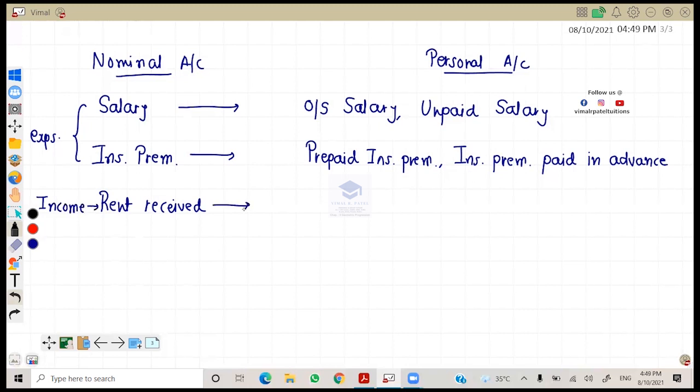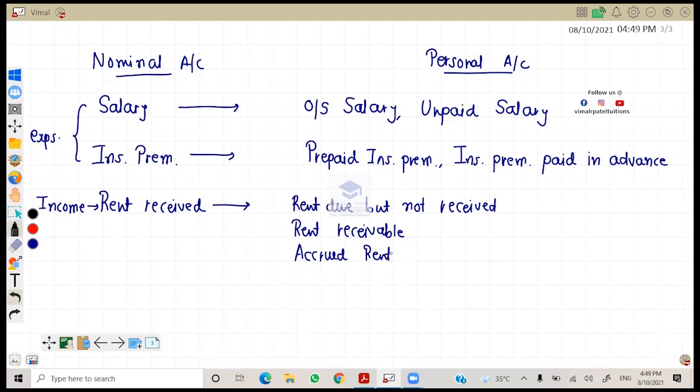But if it is rent due but not received, or receivable, accrued rent, or rent received in advance, pre-received rent.